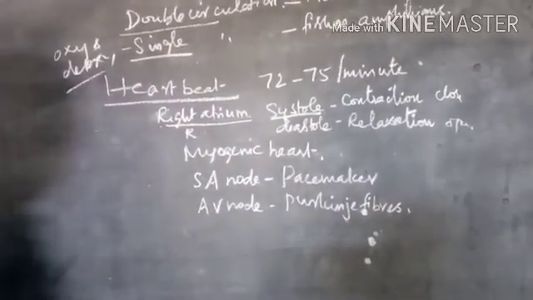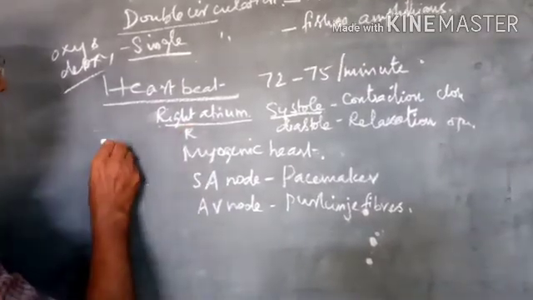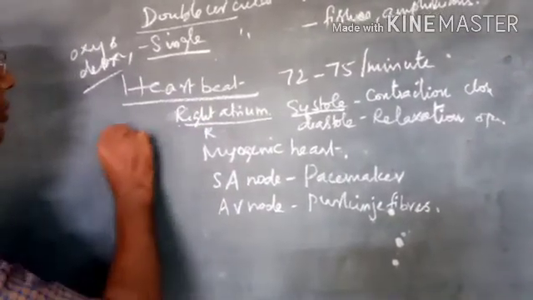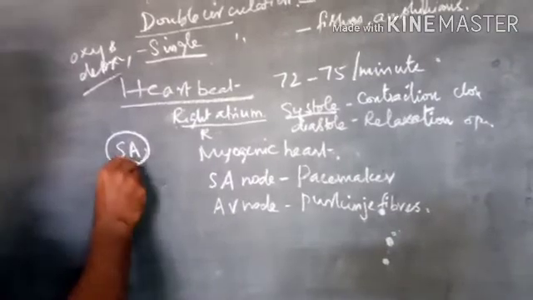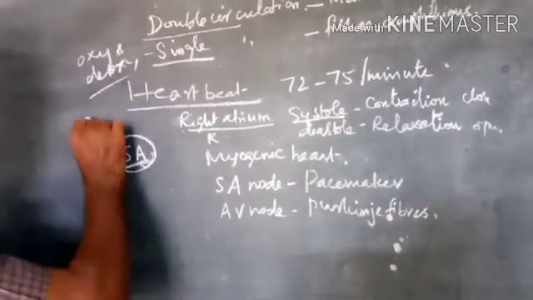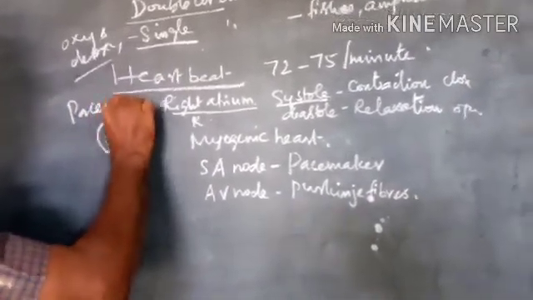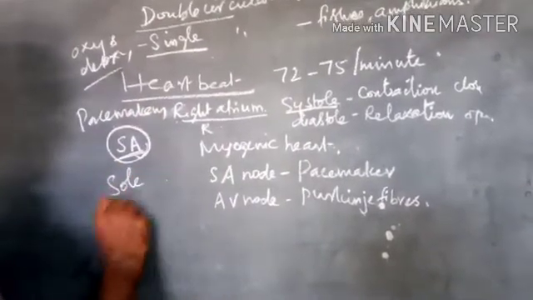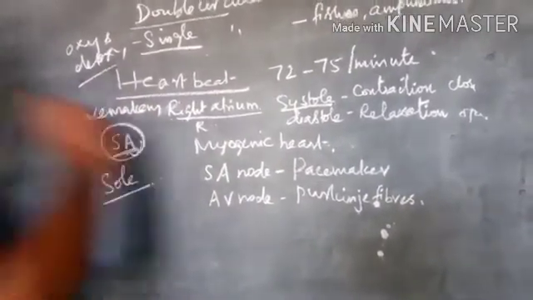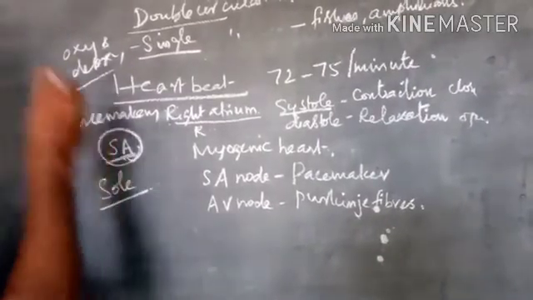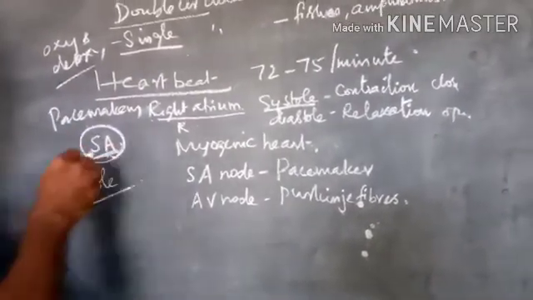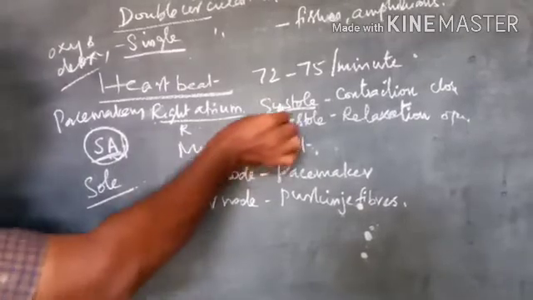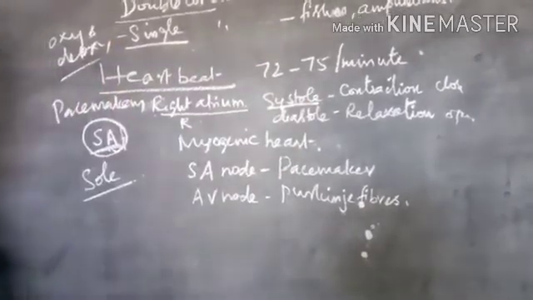It starts with the right atrium at the sino-auricular node, which is otherwise known as the pacemaker, which is actually the soul. Our life starts at this sino-auricular node in the right atrium. The heartbeat starts there.